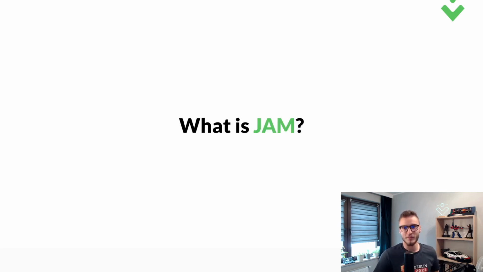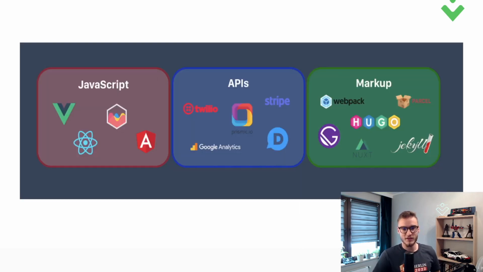So what is Jam? Because stack is like, for example, the technology stack or the tools stack. So what is Jam? Because probably it's an acronym from some tools or technologies. So Jam stands for JavaScript, API, and the markup. So in JavaScript, we have JavaScript frameworks like Vue, React, or Angular. In API, we have things like Prismic, which is, for example, a CMS.